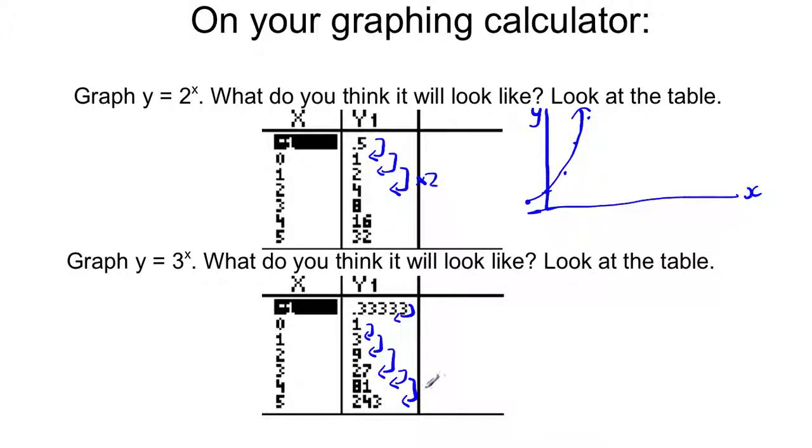I'm doubling it. Down here, I'm multiplying each y value by 3 each time. So this base is really what we're multiplying by. We're multiplying each preceding value by this. When x is 1, I get 3. When x is 2, I get 3 squared. I'm multiplying the previous value by this base 3.